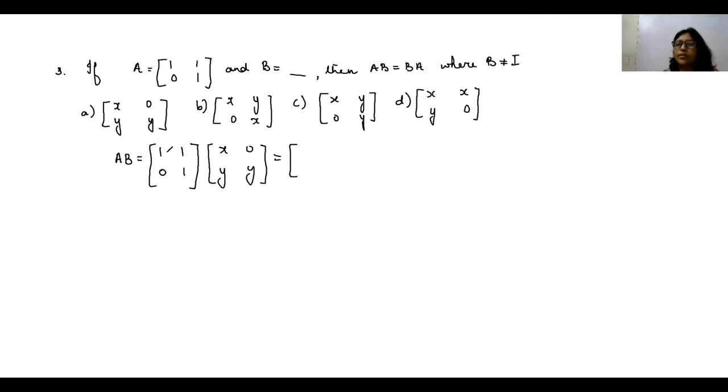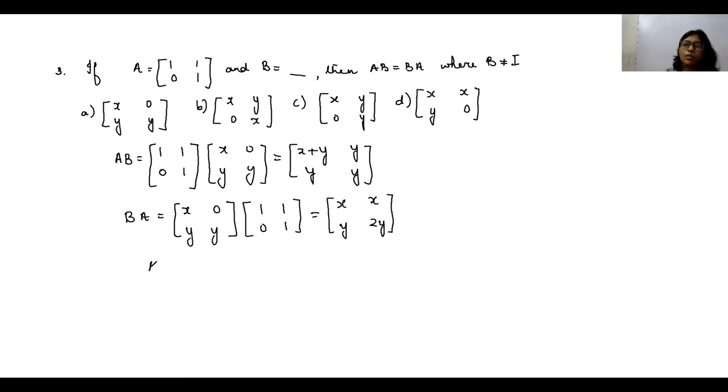Multiplying matrix A and B, first row first column, X plus Y, first row second column, Y, second row first column, Y, and second row second column is also Y. Now let's find BA. So here AB is not equal to BA. So we have to go to the second option and check.